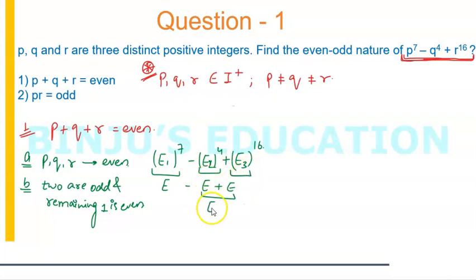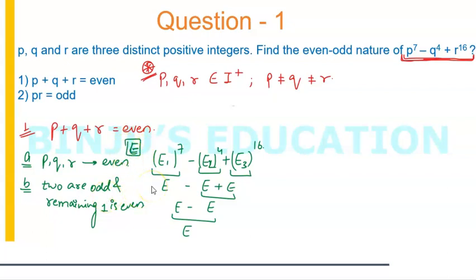Even plus even is even, and even minus even will also be even. So if all three of them are even, then there is no point of having any discussion. We know that the result will be even, that's for sure. So from the first part, I can say that even is my conclusive result.